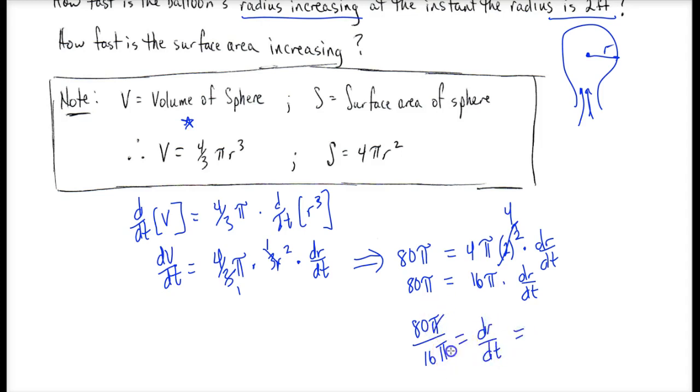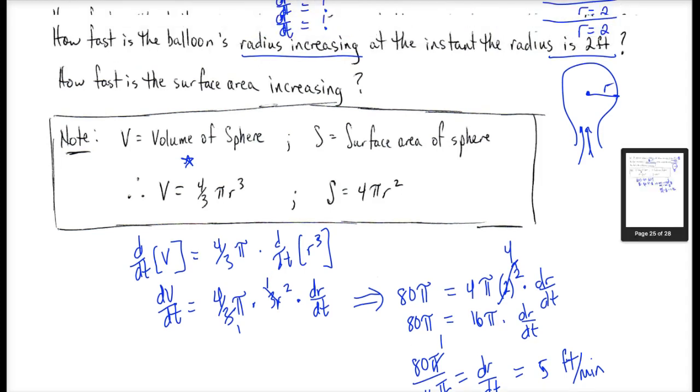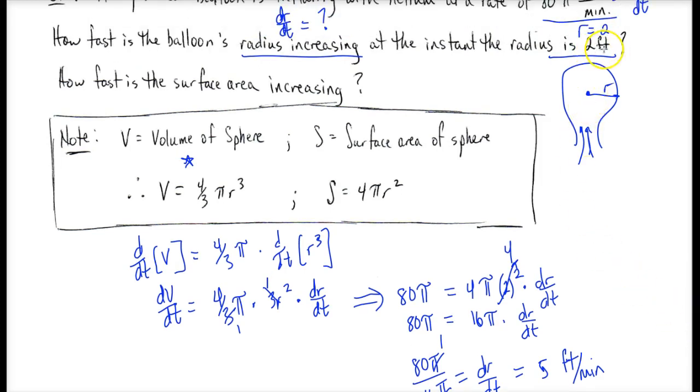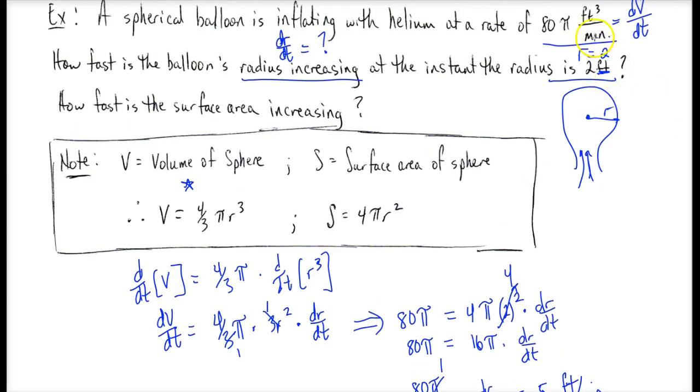Of course, the pi is reduced to 1, and 80 divided by 16 will give us 5. Of course, this will be feet per minute, because dr over dt is radius, which is in feet, and time, which is in minutes. We saw that earlier in the problem up here, where our time was in minutes.